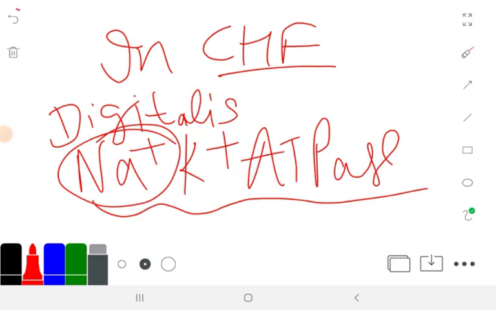This results in accumulation of sodium in the cardiac cell, which in turn leads to increased intracellular calcium and finally increases contractility.